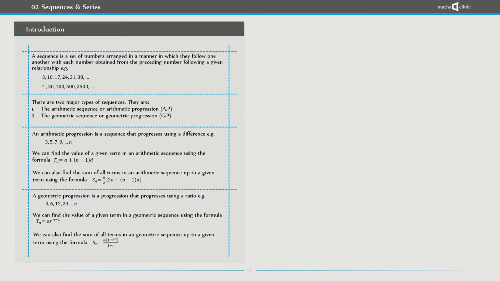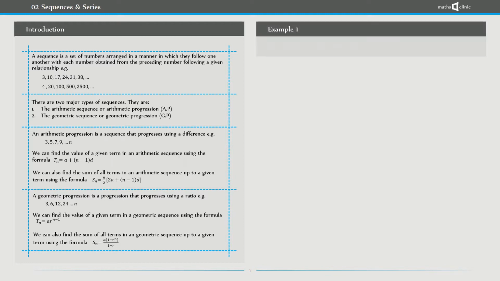And similarly, we can find the sum of all the terms in a geometric sequence up to a given term using the formula Sn equals a times (1 minus r to the power of n) divided by (1 minus r). Okay, so that's a bit about sequences and series. I think we can go ahead now and solve an example.